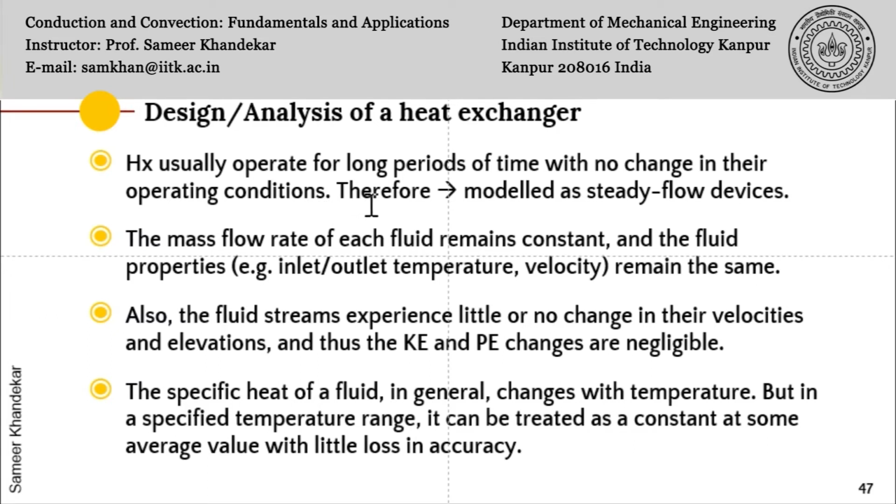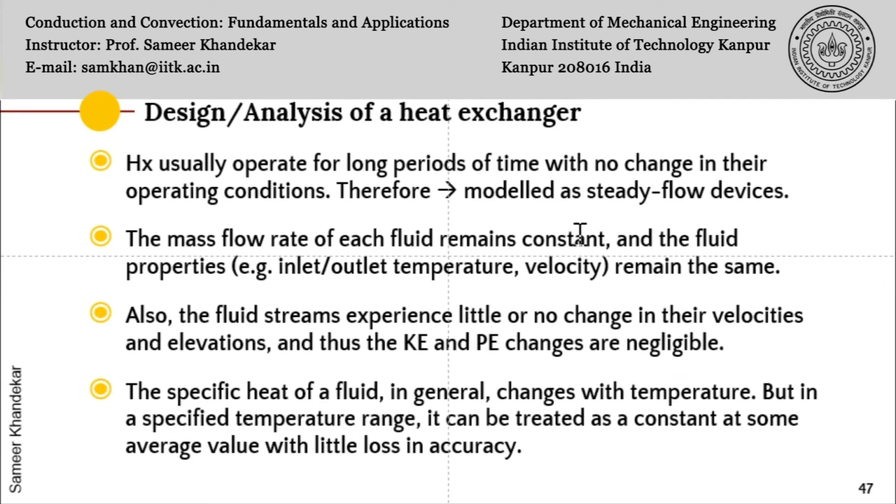So almost all heat exchangers are modeled as steady flow devices. We are usually not bothered about the transient of the heat exchanger because it is small as compared to the total time in which the steady state operation is desired. In fact, the transient is minuscule. Then the mass flow rate of each fluid remains constant.